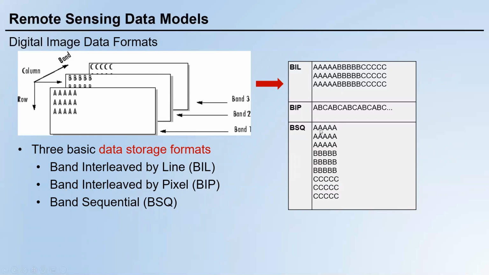We have pixel 1,1, pixel 1,2, pixel 1,3, etc., and then pixel row 2, column 1, and then pixel row 2, column 2, and repeat. When the first image, in other words the image from band 1, has been finished, we go to band 2.